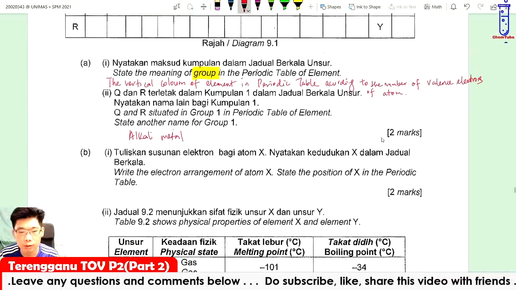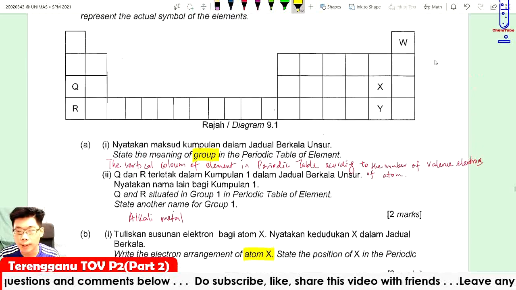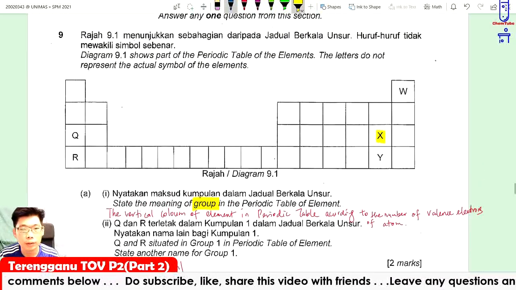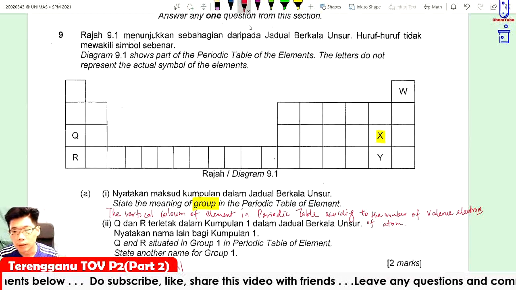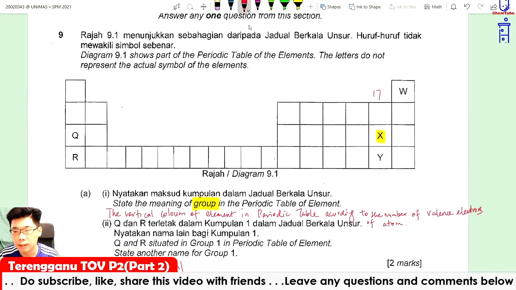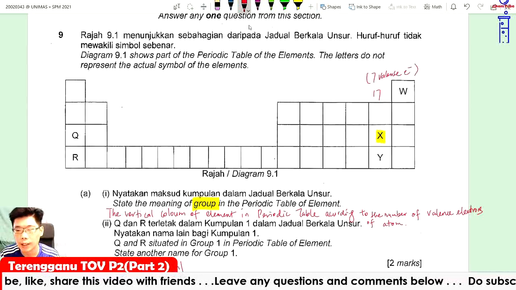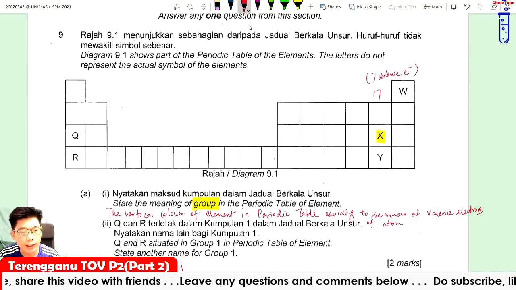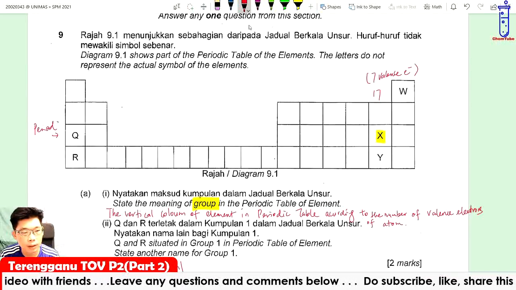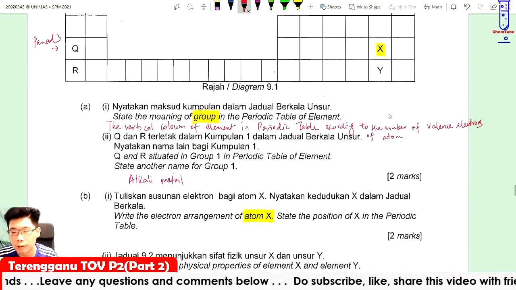So we look at where the atom X is. Atom X is located here. X is located at group 17, meaning that it has 7 valence electrons. Then it is located at period 3, meaning that it has 3 shells occupied with electrons.